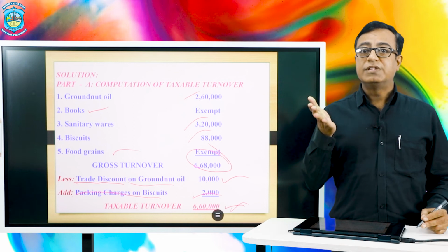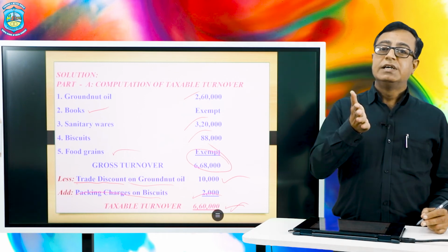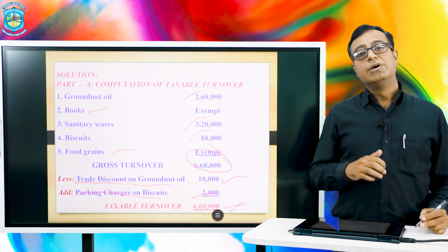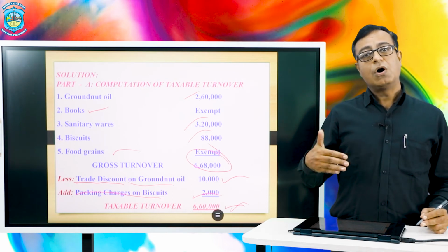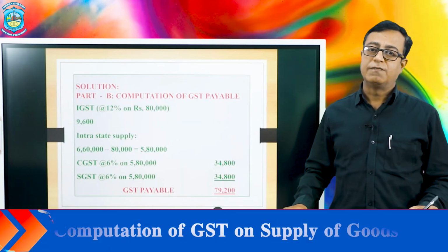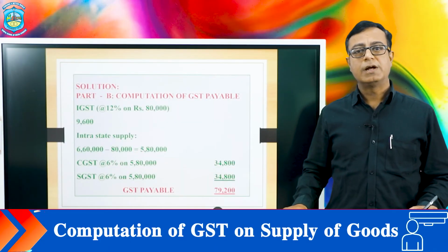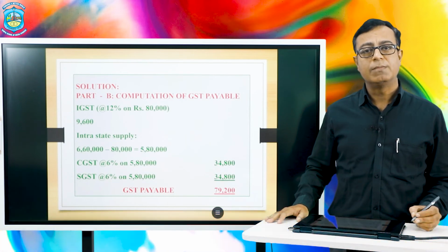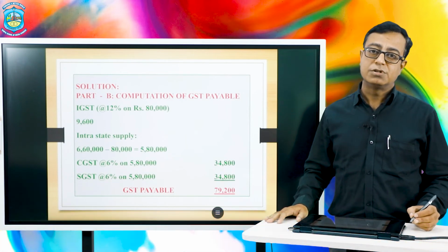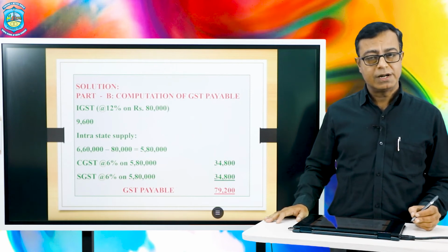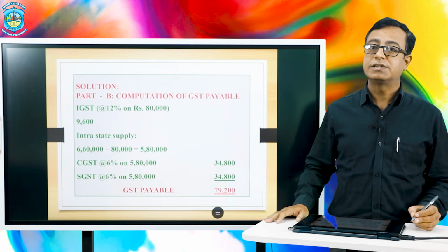On the basis of this 6,60,000, we are going to calculate now GST payable, the last or final part of the solution. Dear friends, now the final part, we are going to calculate GST liability, or you can say GST payable by this particular dealer. First of all, we need the taxable turnover that we already calculated, it is 6,60,000.